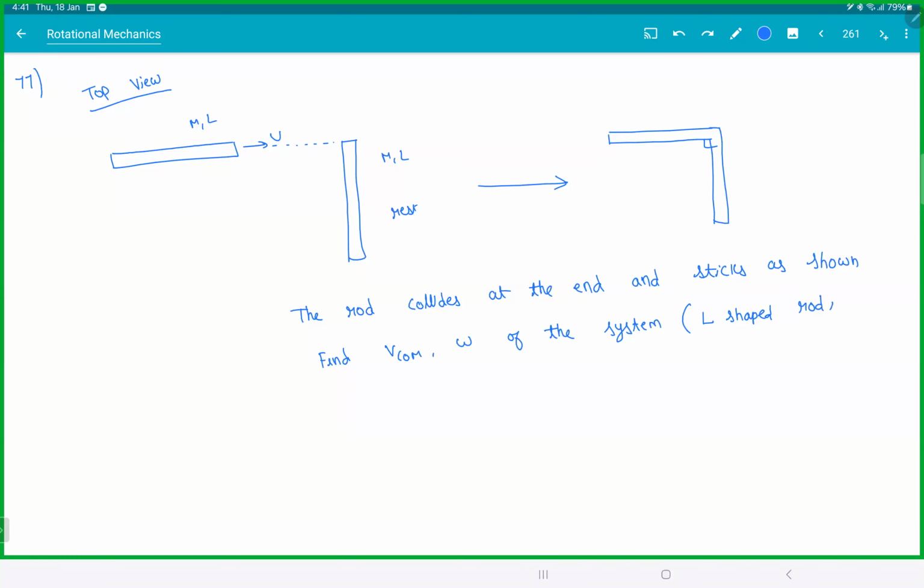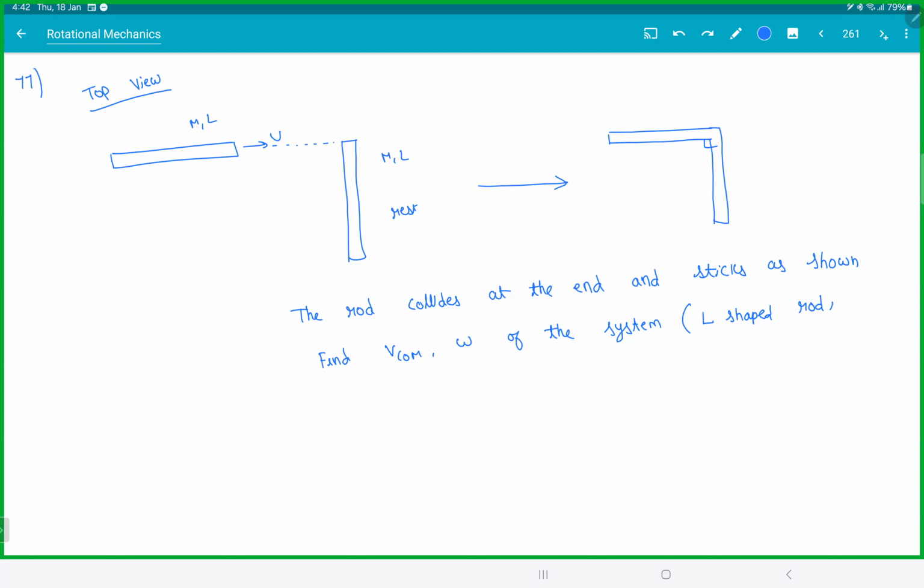This looks scary, but it's actually manageable. Think, I'll give you 2-3 minutes. Velocity of center of mass is easy, right?